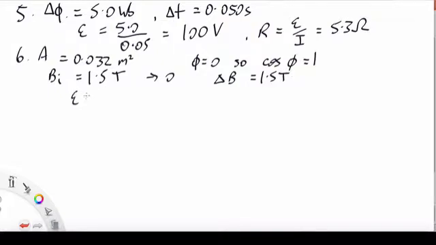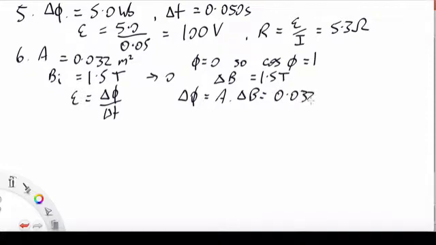So the EMF is d phi dt. Now we know that d phi is just A times dB equals 0.032 times 1.5 equals 0.048 Webers.